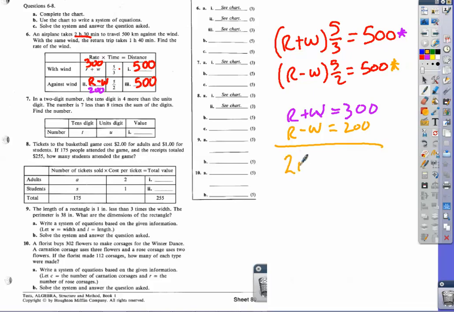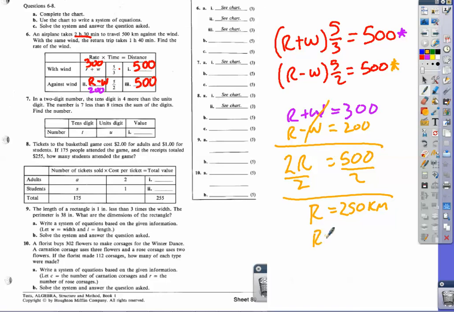r plus r is 2r, w minus w is 0, and 300 plus 200 is 500. So the rate of the plane is going to be equal to 250 kilometers per hour, which makes the speed of the wind 50, because you plug it in.